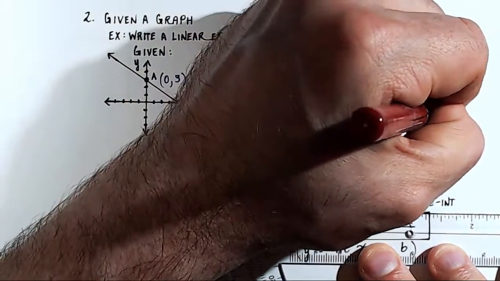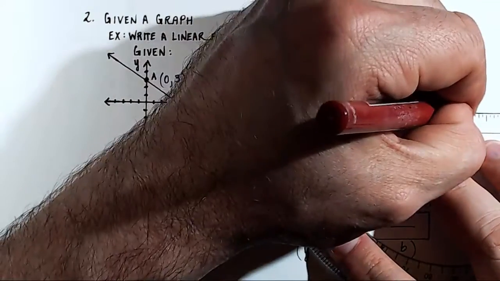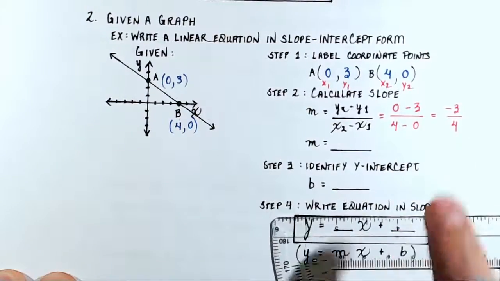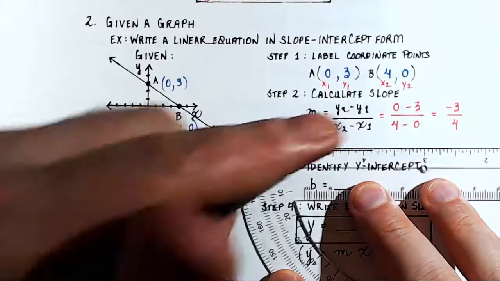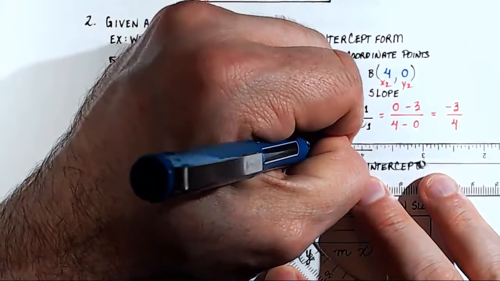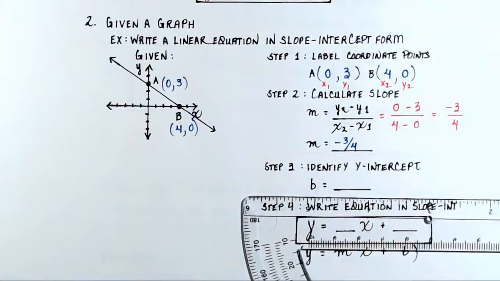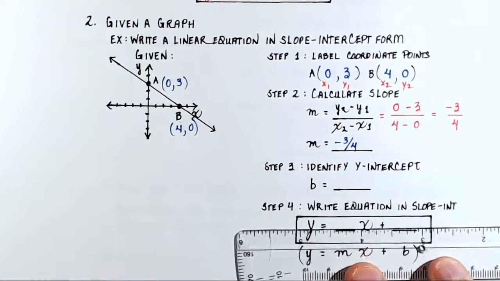Okay, 0 minus 3 is negative 3 over 4 minus 0 is 4. So that's the slope, negative 3 over 4. So this would be a fall over run. Fall 3, run 4. Go down 3 and go over 4.